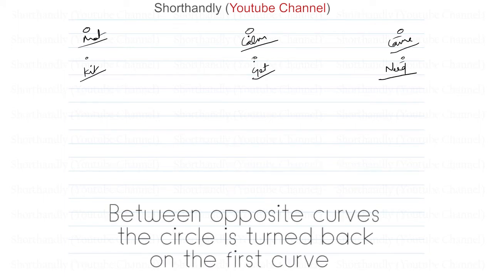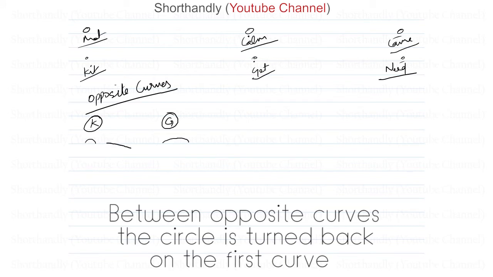It says between opposite curves. So what are opposite curves? Suppose we take two characters here like K and G. K is made like this and G is made like this. Now if we join these two characters, we get a final character like this.